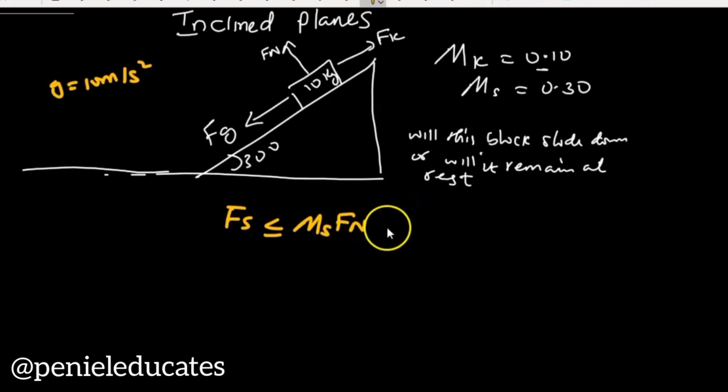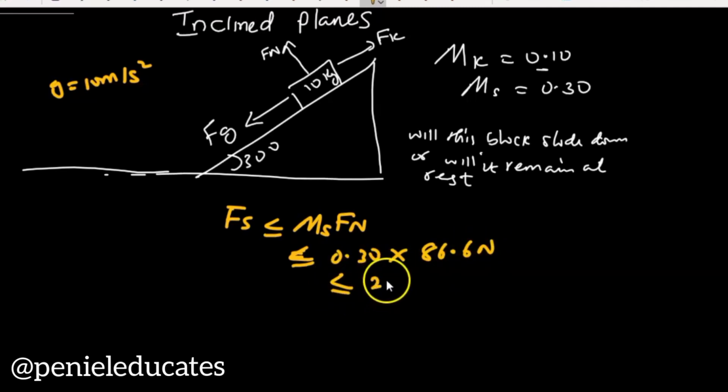Mu s is 0.30 multiplied by our Fn, 86.6 Newtons, which gives 25.98 Newtons. That is our static friction.